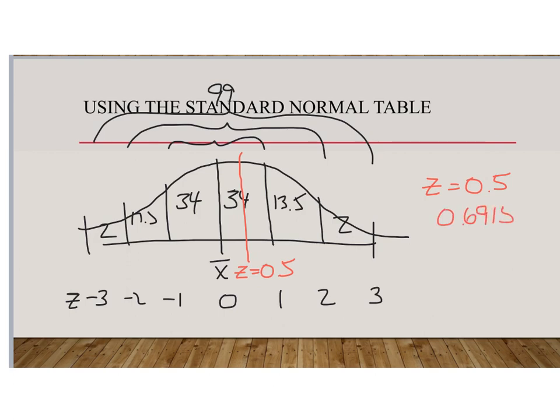That means that there's 69.15% of data less than this value. Okay, the chart will always tell you what's less than. So if we wanted to know what's greater than, it'd be 1 minus that, or in this case, 0.3085.